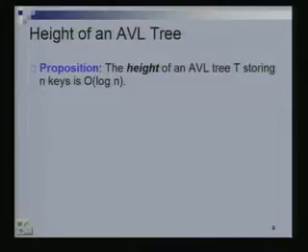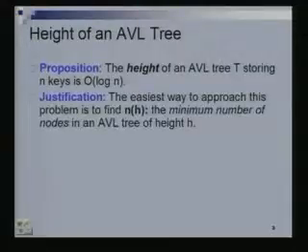This is what we are going to prove in, let's say, the next few minutes. The height of an AVL tree T, which has n nodes in it, is only order log n. Okay, and let's see why this is true. I'm not going to prove this claim directly. I'm going to make a slightly different argument.